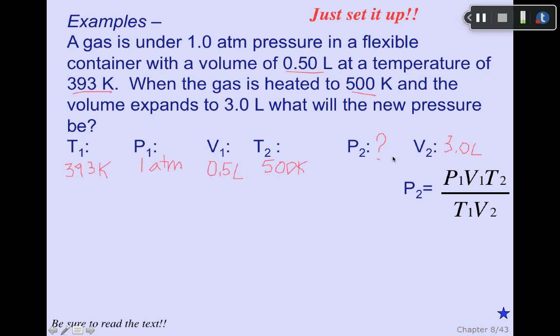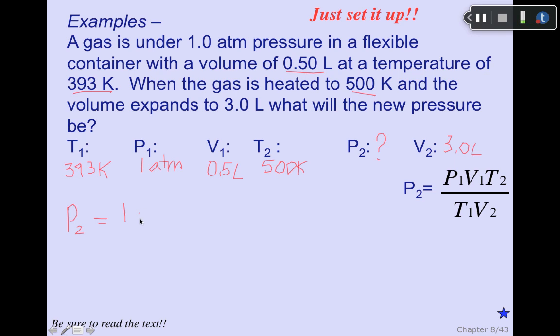In this case, nothing's canceled out because you've had changes in pressure, temperature, and volume, so we're looking for the new pressure. So set it up carefully and make sure your units all fit in correctly.